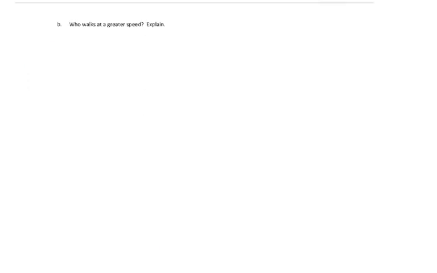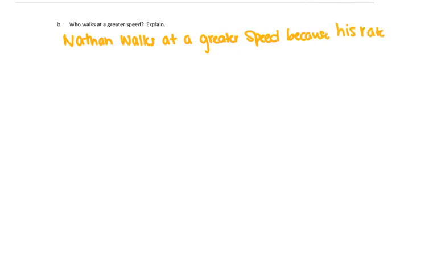So Nathan walks at a greater speed because he has a larger slope. Because I'm going to say his rate of change is larger.